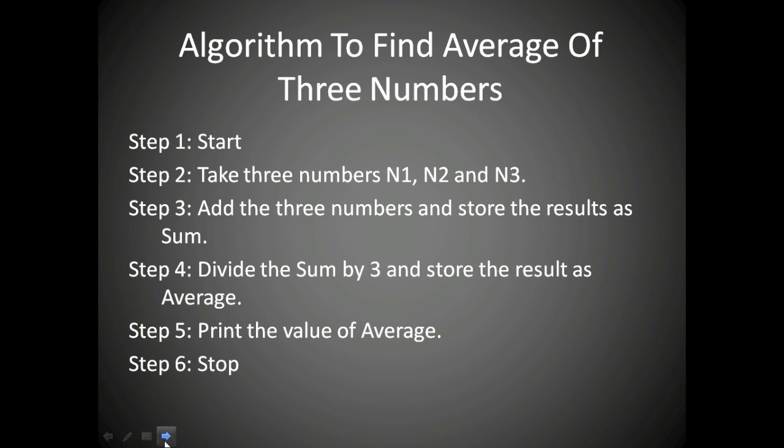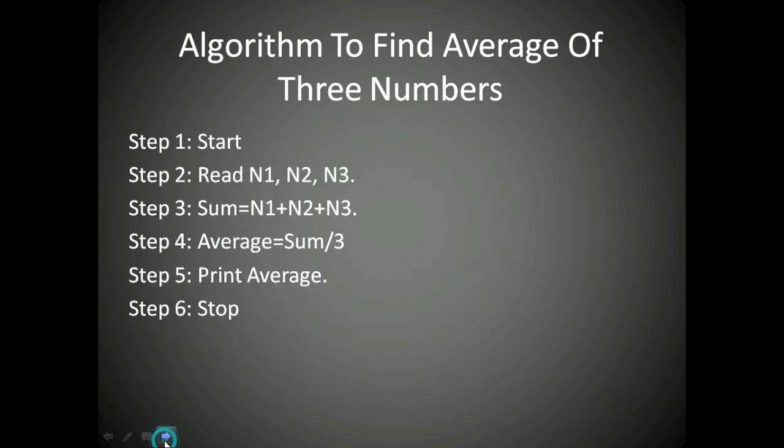So the same question, algorithm to find average of three numbers, let us do in a more appropriate way, in a more proper, systematic way. See the same question in a more appropriate way. Step 1, step 6, it's the same. Now in the middle, instead of asking the values and all, we can write read n1, n2, n3. Anyone can understand that we have to ask n1, n2, n3.